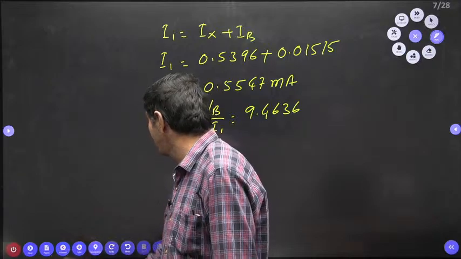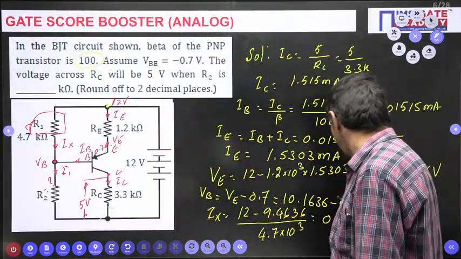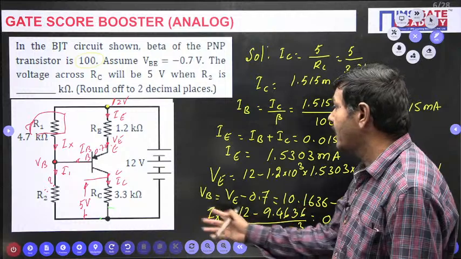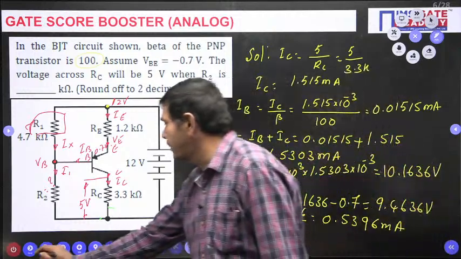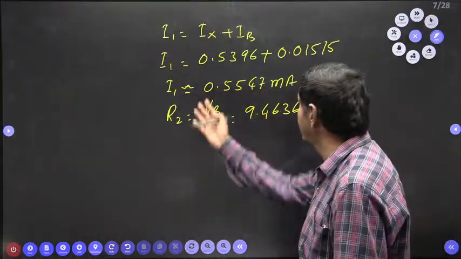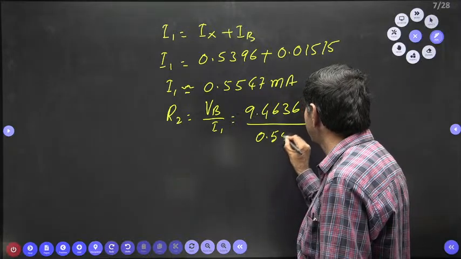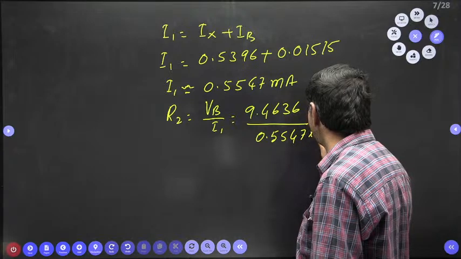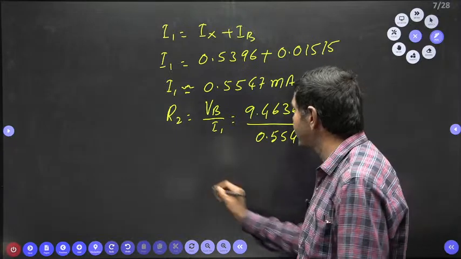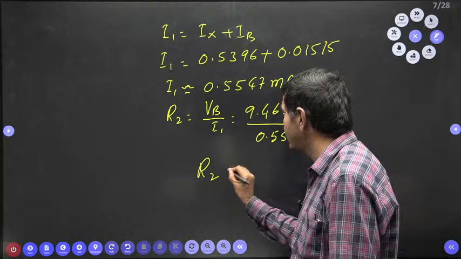One more parameter. We have the voltage, and the current is the I1, which we know very well. The I1 value is 0.5547 milliamperes. Now you can use the calculator to find the R2 value.